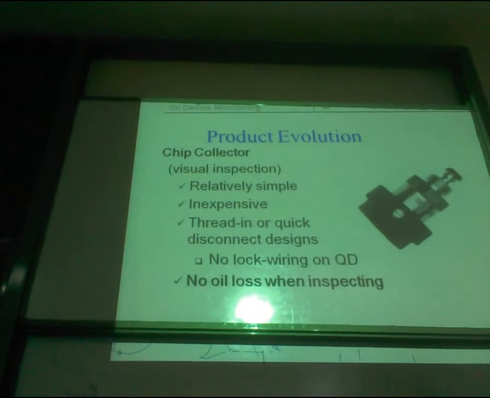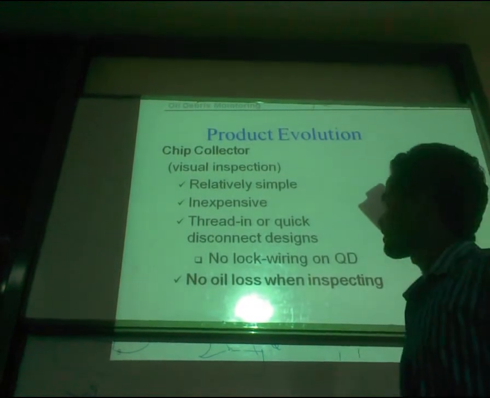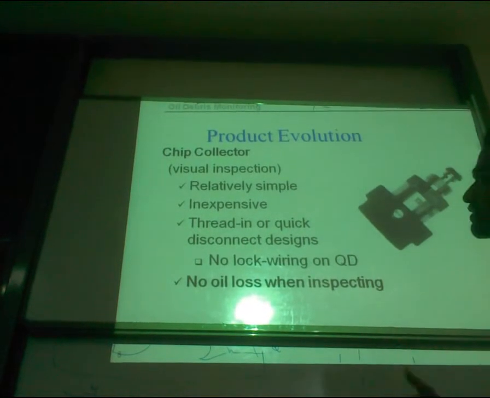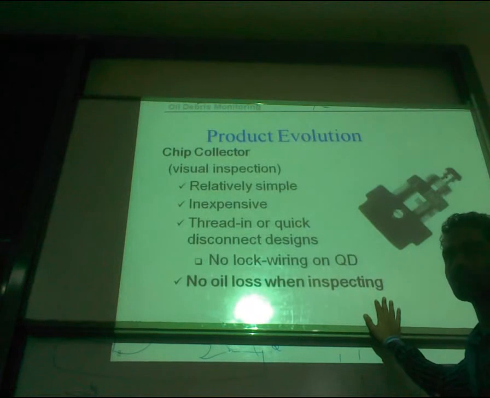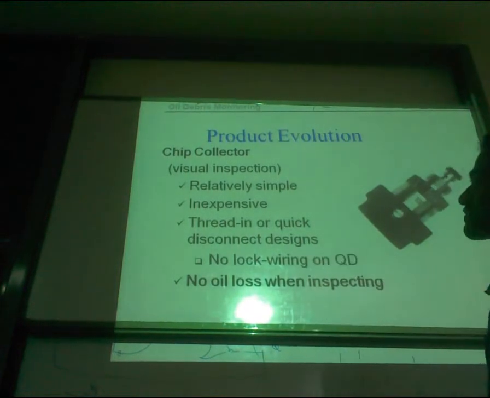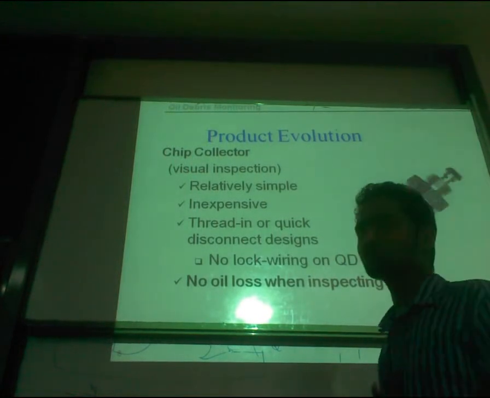Then coming to the chip collector, it is again relatively simple and inexpensive, with a threaded or quick disconnect design. One advantage over the previous one is that there is no oil loss, because it is threaded for quick disconnect and engage, and it is very easy to inspect.